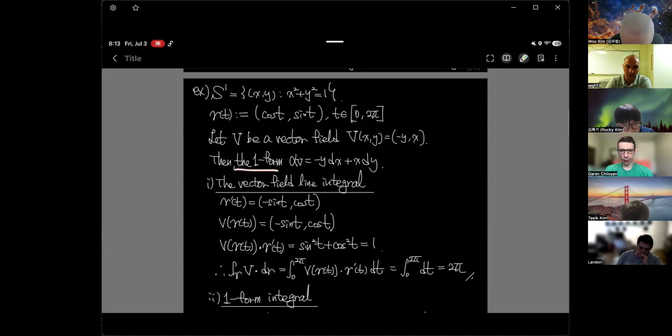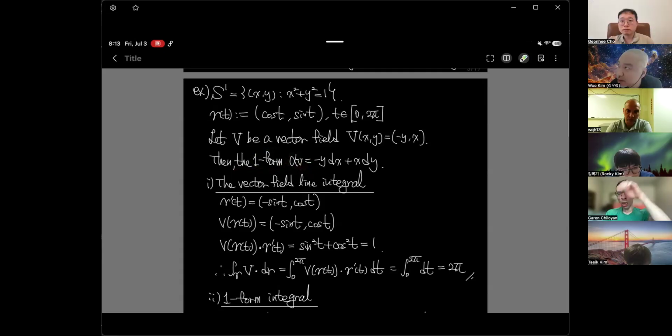Then the one-form, alpha sub V. By the way, this is not a subscript for a partial derivative, just a notation. This came from the vector field V. So this one-form alpha is minus y times dx plus x times dy.